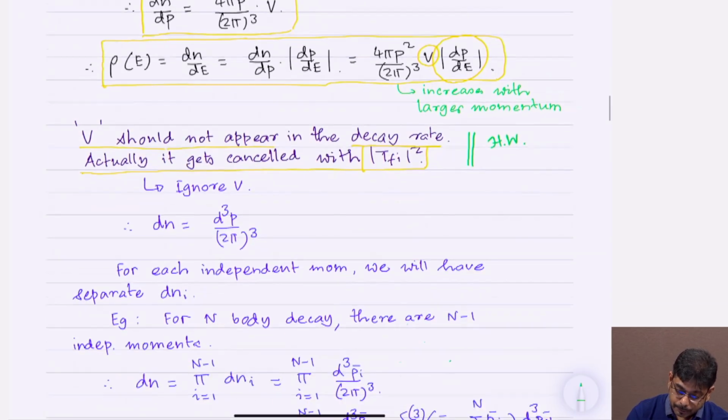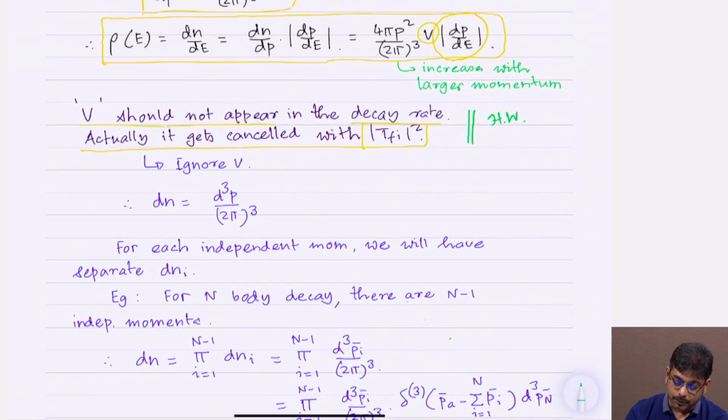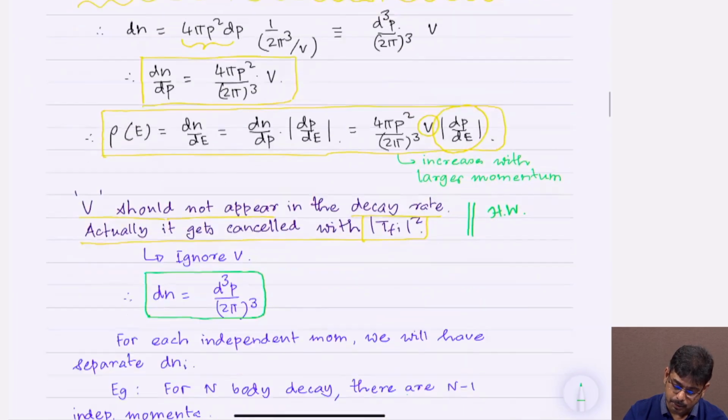But for the time being, I am going to ignore this volume factor and argue that the density of states, or the number of states between momentum p to p plus dp, is dn equal to d^3p by (2 pi)^3. So, this factor of (2 pi)^3 is essentially coming from the finite volume of each state in the momentum space.